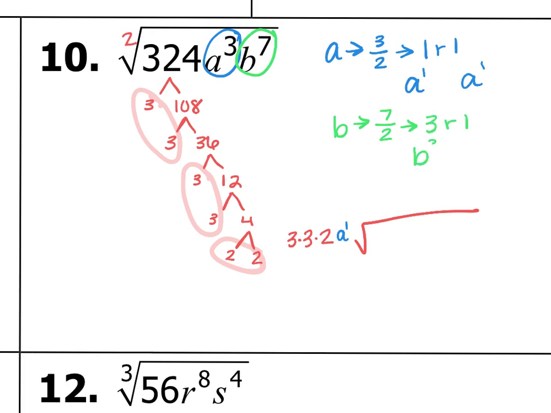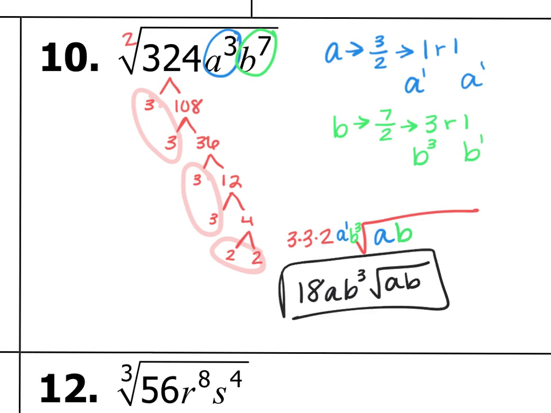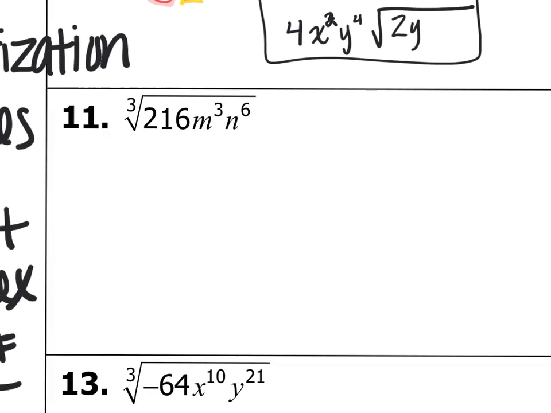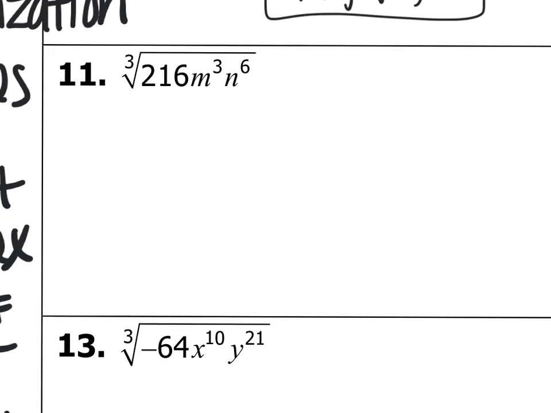So I'll have b to the 3rd on the outside, b to the 1st on the inside. So when I simplify, 3 times 3 is 9, times 2 is 18, a b cubed times the square root of ab. And that will be my answer. Now we can look at a couple that have a different index.